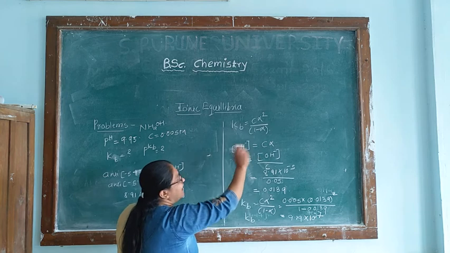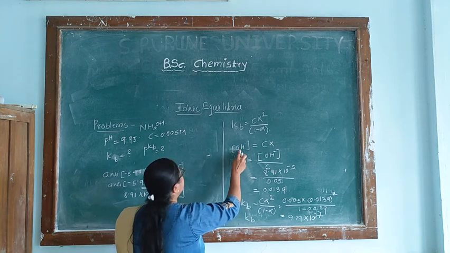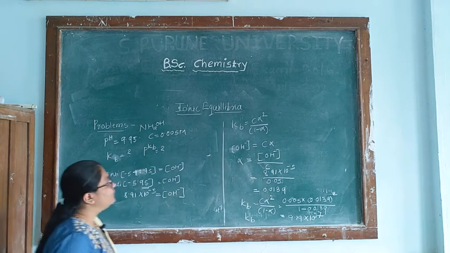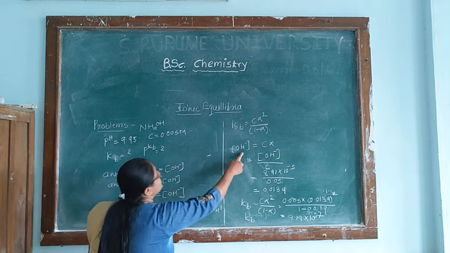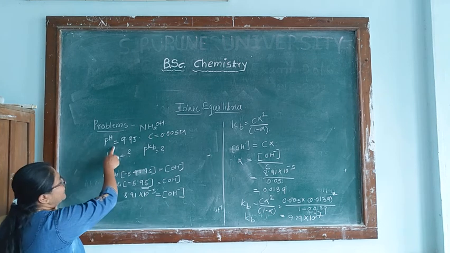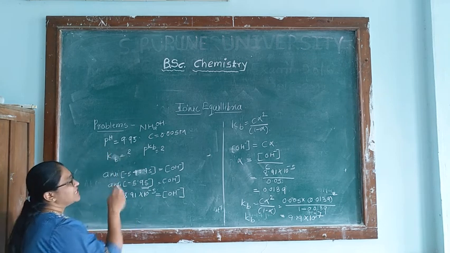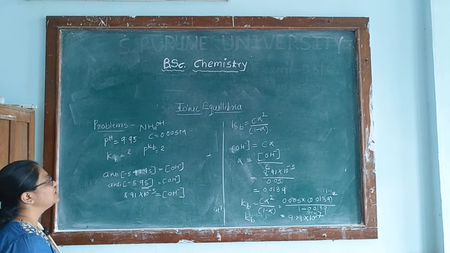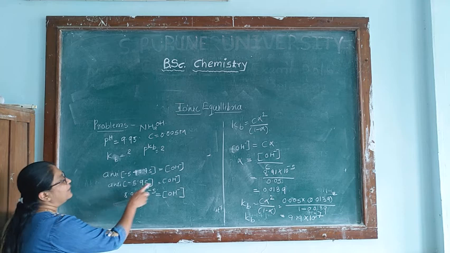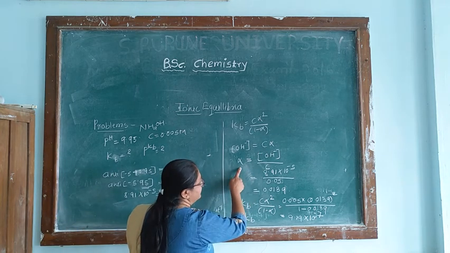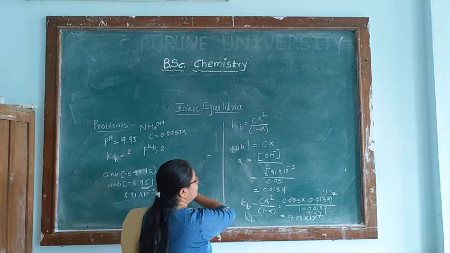To calculate alpha, we take the concentration of OH minus, which is equal to C into alpha. Now OH minus concentration can be calculated from the value of pOH, but we know pH. So we first calculate pOH, and from pOH we calculate the concentration of OH minus ion, and from the concentration of OH minus ion we calculate alpha, that is the degree of ionization of the base.